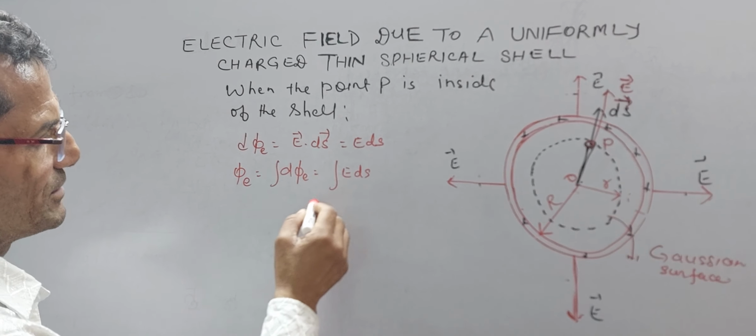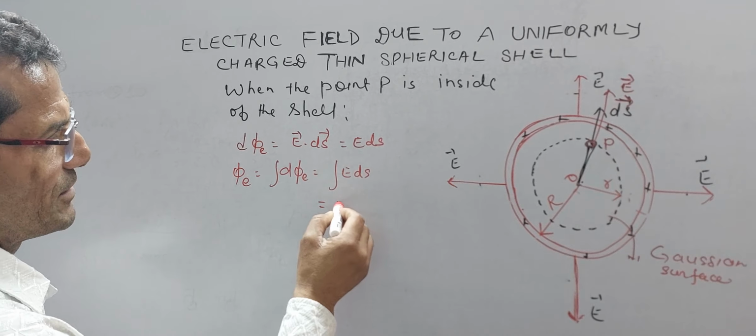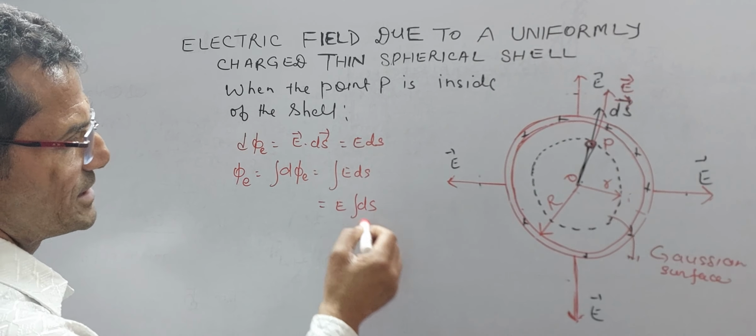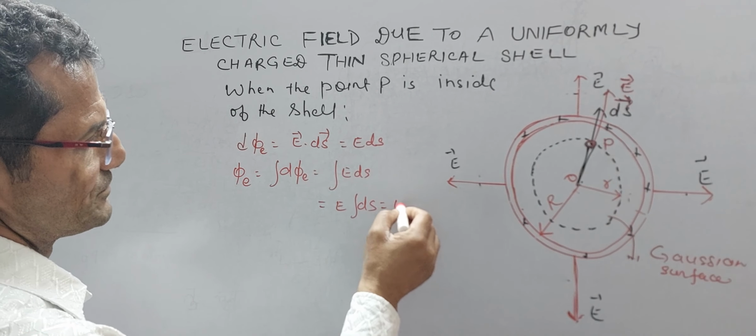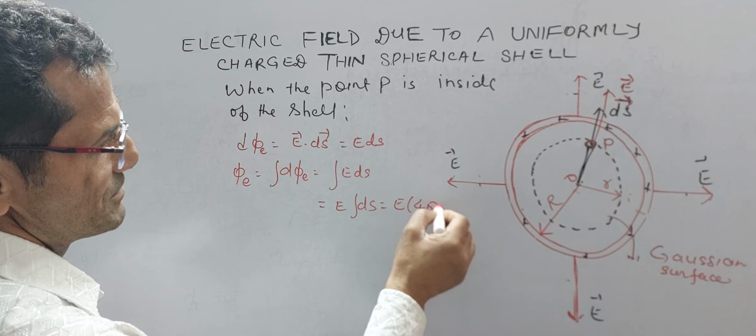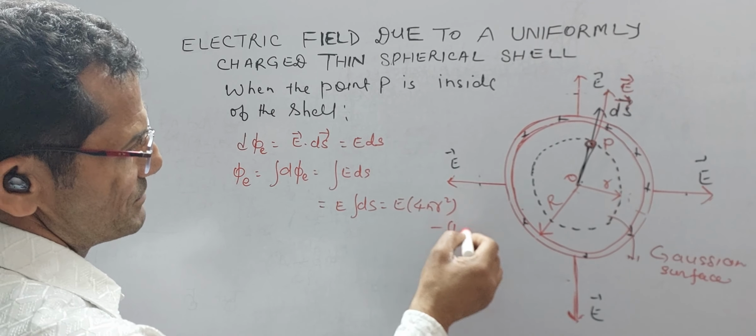The integration of dS over the whole surface is equal to 4 pi r square, so it comes out E times 4 pi small r square. This is equation number 1.